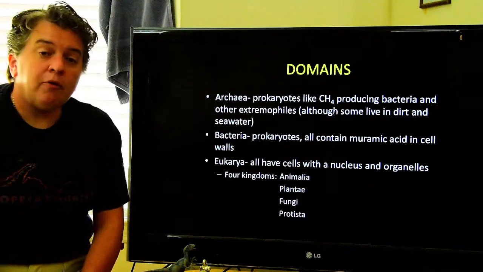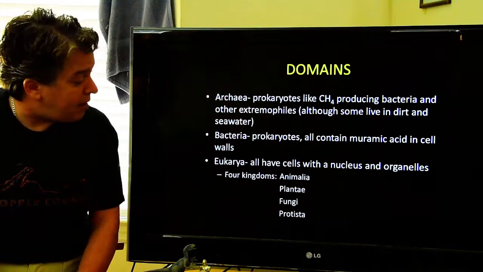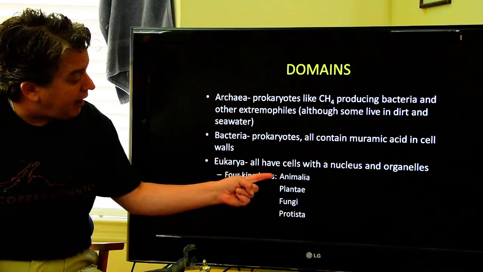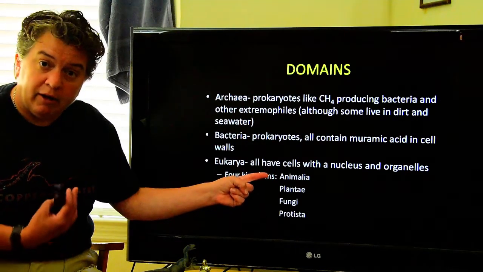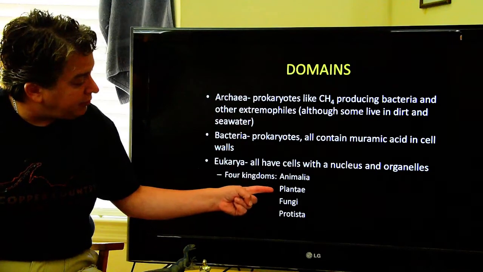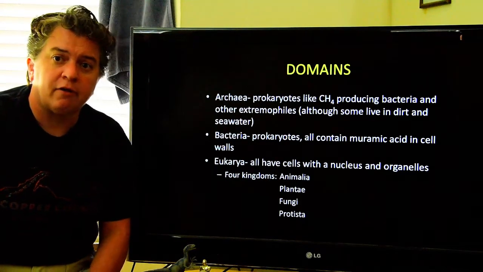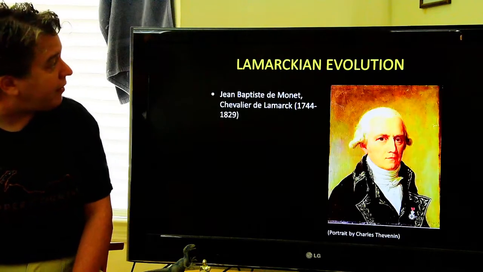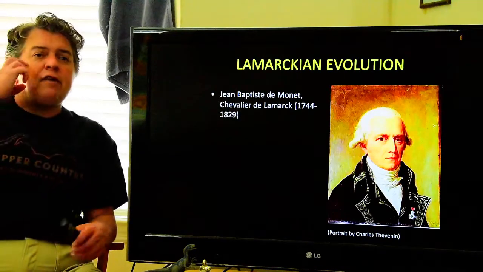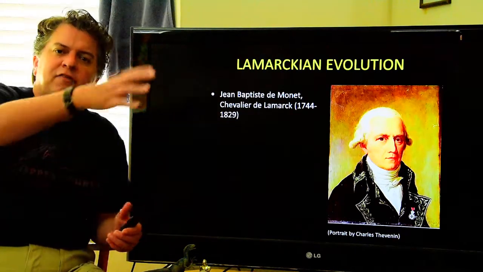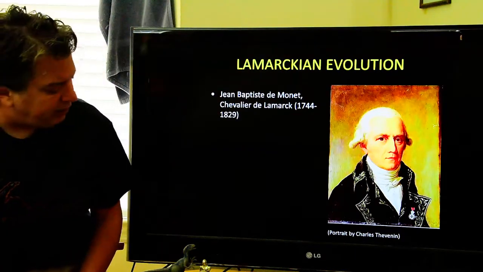In the eukarya domain, there are four main kingdoms: Animalia, which is the kingdom we belong to, kingdom Plantae, Fungi, and Protista. Those are four kingdoms within there. So that's basically how life is organized, this taxonomy of life.